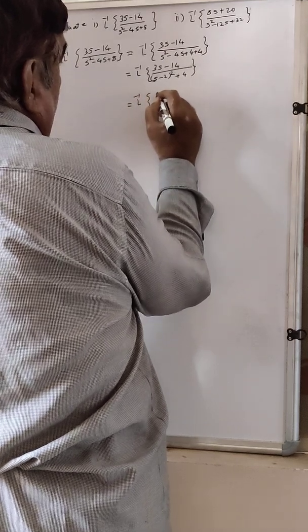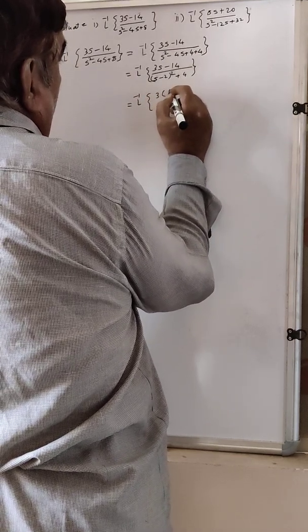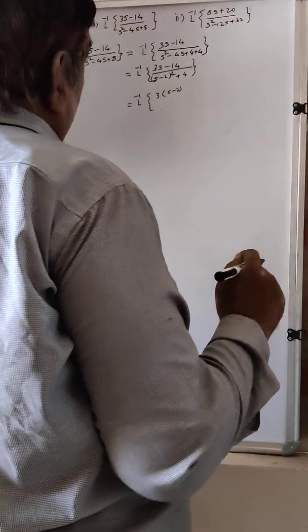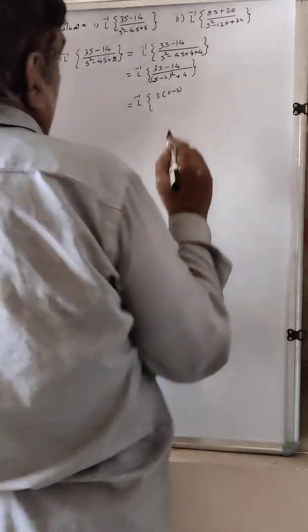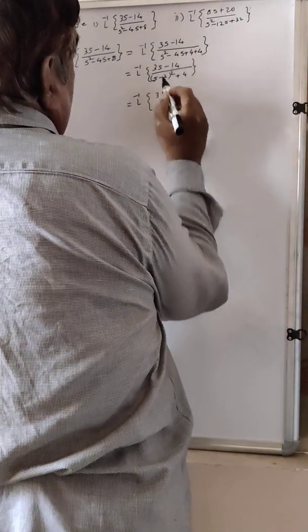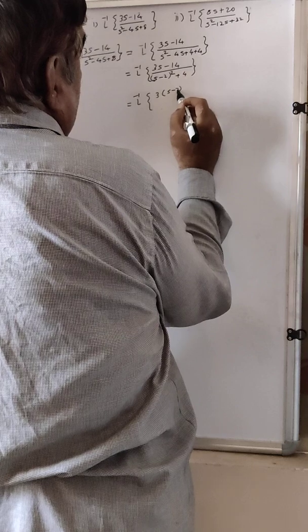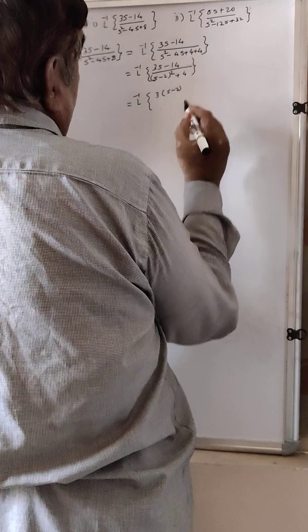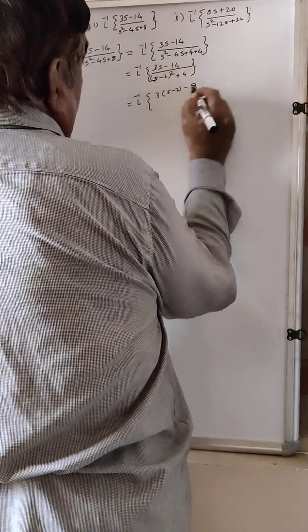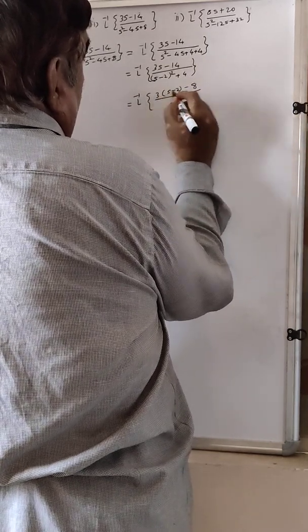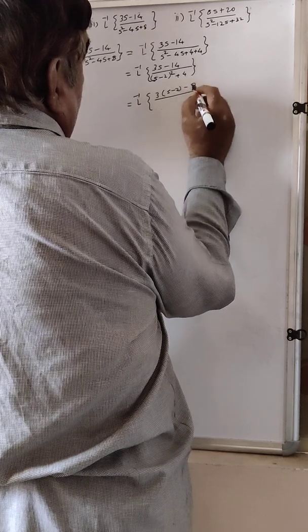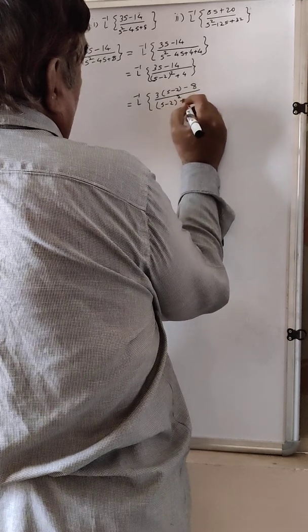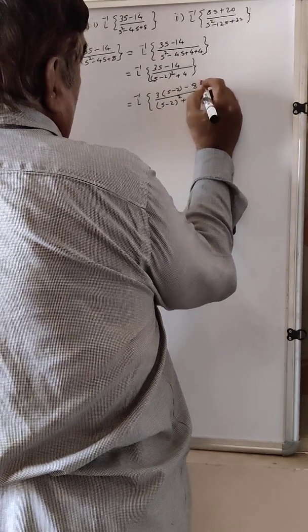Laplace inverse of 3 into (s minus 2), here 3s minus 6, but here minus 14, therefore add this minus 8 here. 3 into 2 is 6, minus 6 minus 8 is minus 14, upon (s minus 2) bracket square plus 2 square.